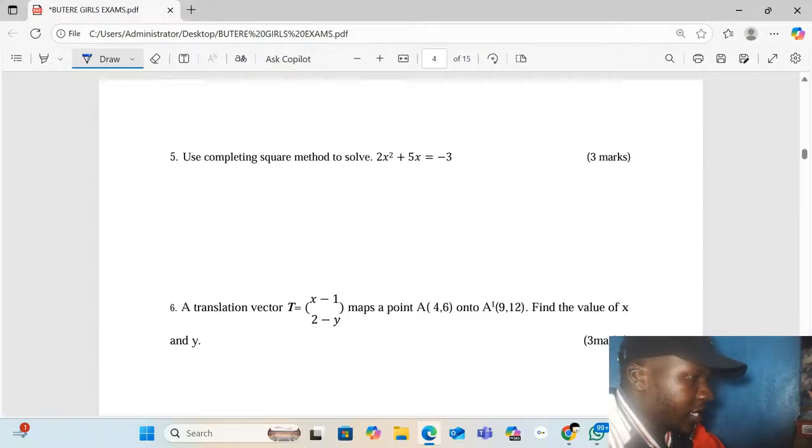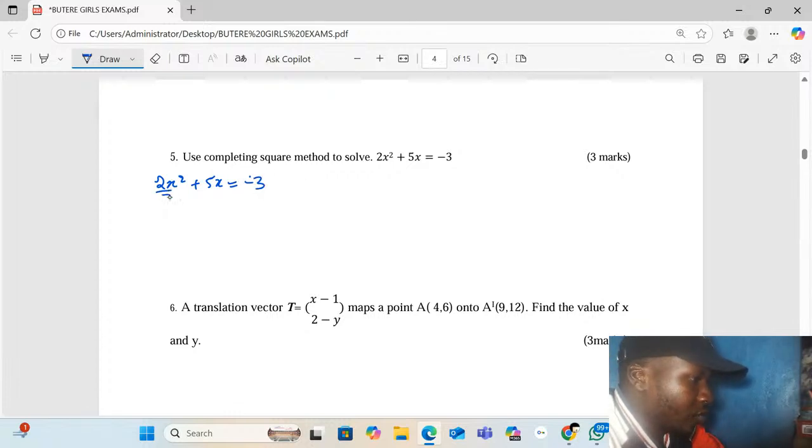So we start using the completing square method. So 2x squared plus 5x equals to negative 3.